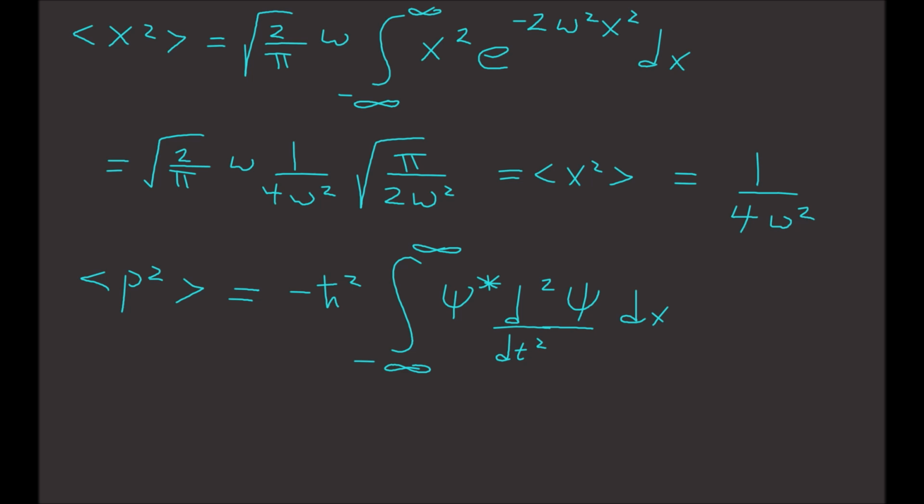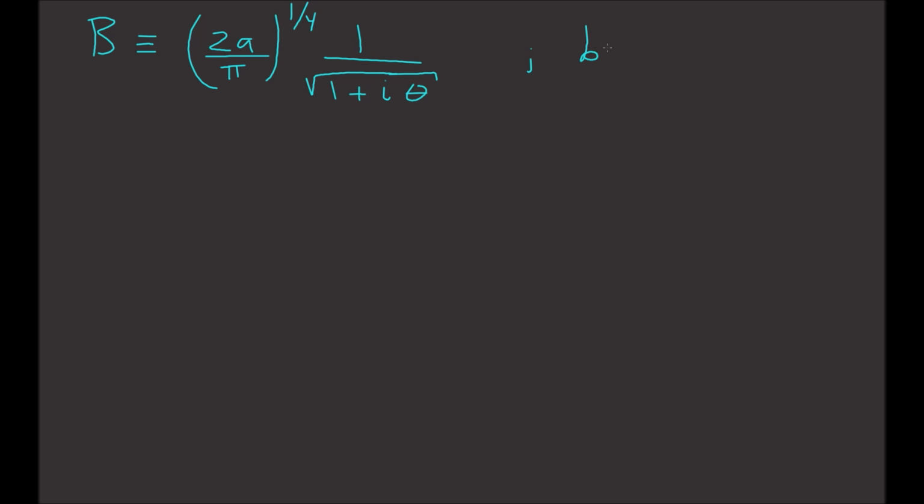So let's simplify stuff so we can solve this problem. Let's define some new variable b as 2a divided by pi to the 1/4 times 1 divided by square root of 1 plus i theta. Right? And let's define small b as a divided by 1 plus i theta.